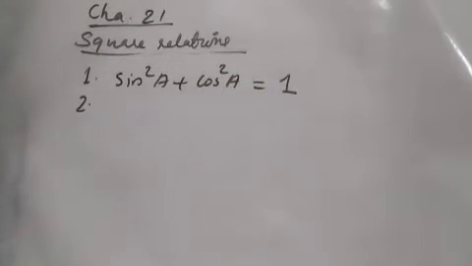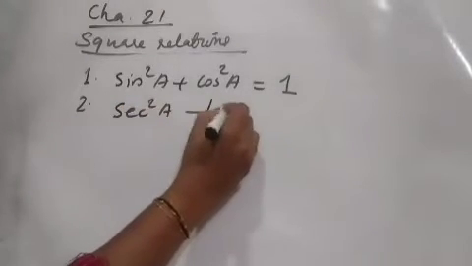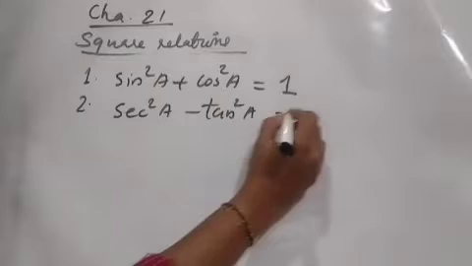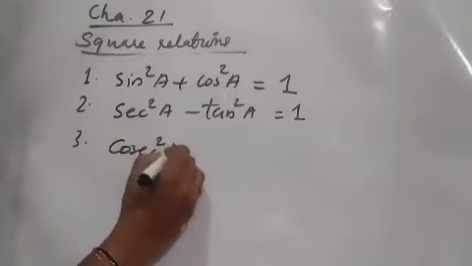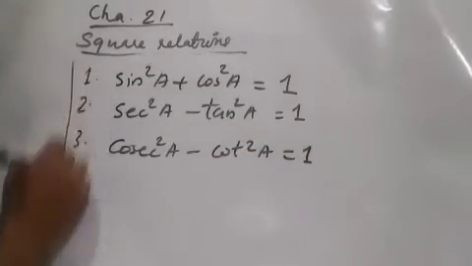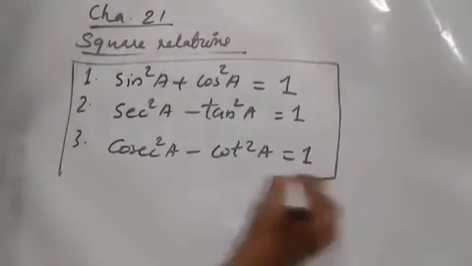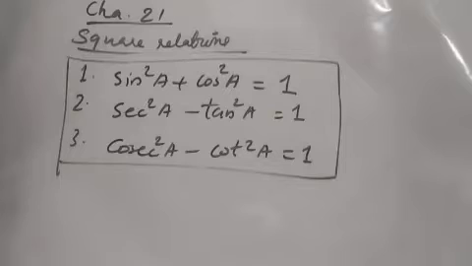Second is sec square A minus tan square A is 1. Third one, cosec square A minus cot square A is 1. So all of you write these square relations in your notebook, and it's very important to solve the problems.